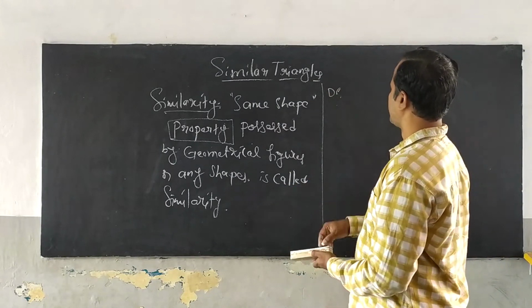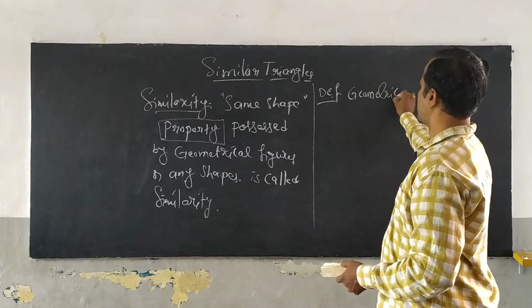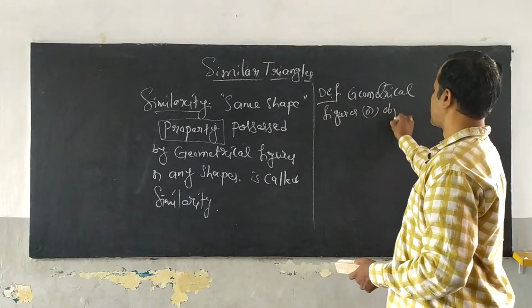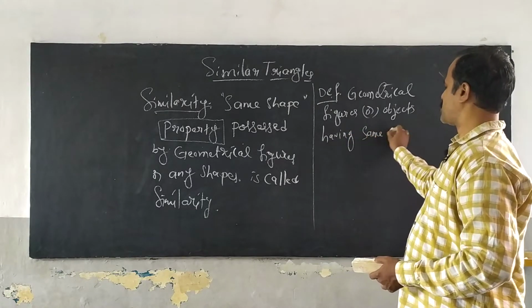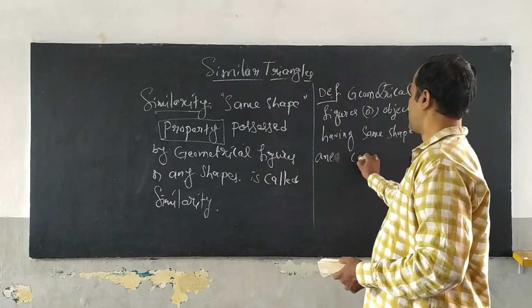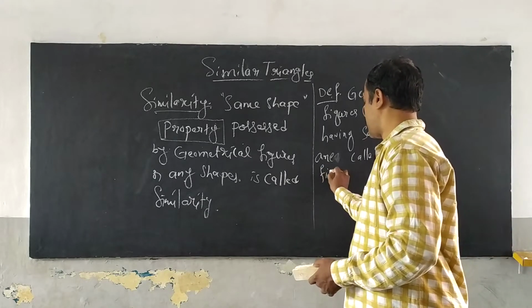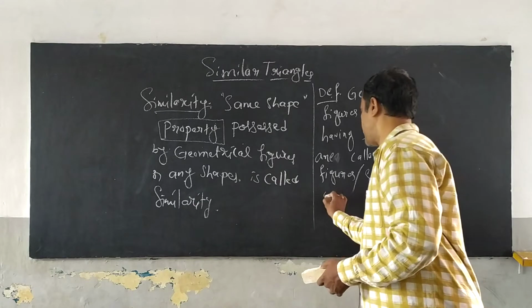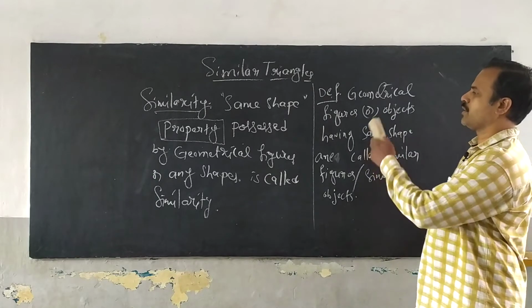Now we come to the definition: geometrical figures or objects having the same shape are called similar figures or similar objects.